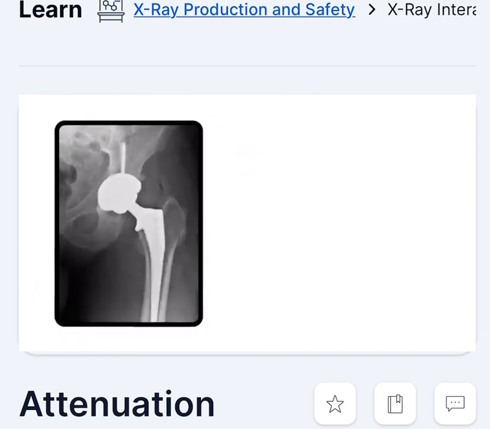Another factor that affects X-ray beam attenuation is the atomic number of the materials we're imaging. For example, in this radiograph of a hip, the soft tissues attenuate a minimal amount of radiation. Soft tissues have a relatively low atomic number. That means the nucleus of the atom is very small. Minimal attenuation means that most X-rays are passing through the soft tissues.